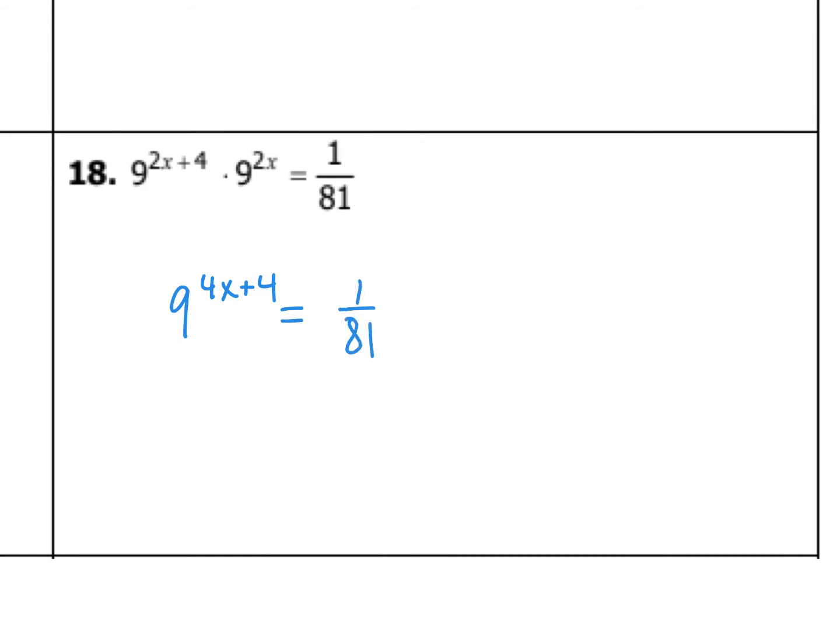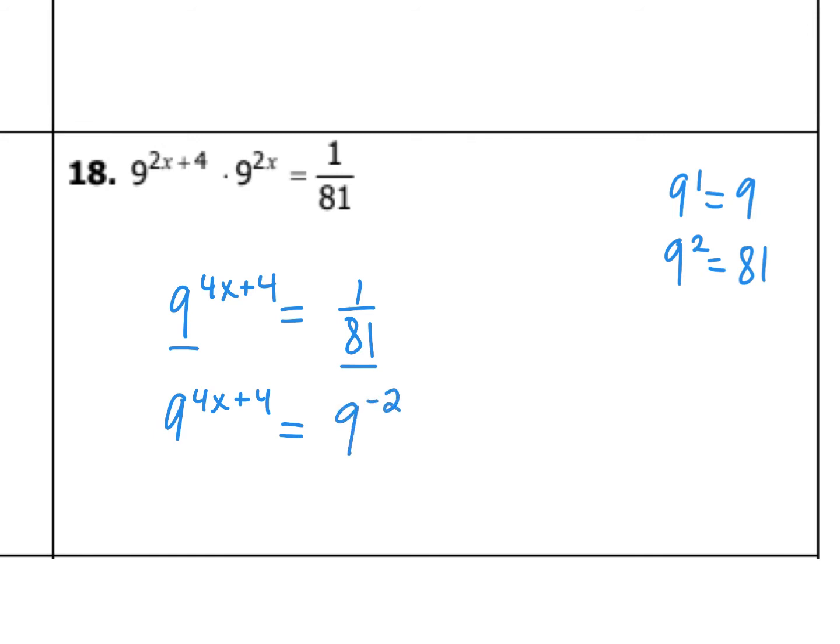Now we look at our two bases. 9 and 81, which one's smaller? 9, so we'll see if that works. 9 to the first is 9. 9 squared is 81. Cool. We're golden. So this is the same thing as 9 to the 4x plus 4 equals 9 to the negative 2. Why is it a negative 2? Because it's a fraction. Good.